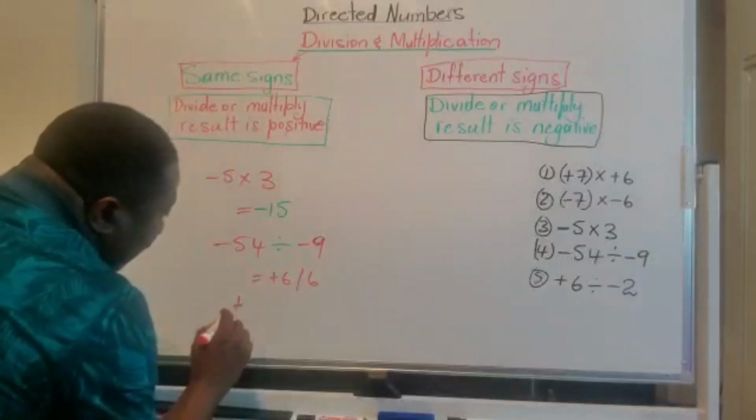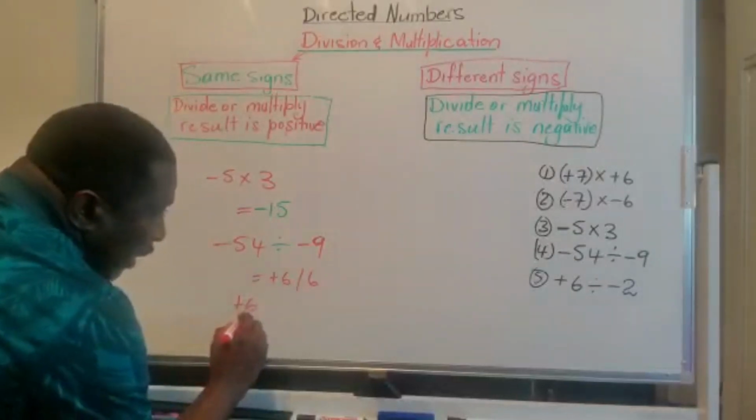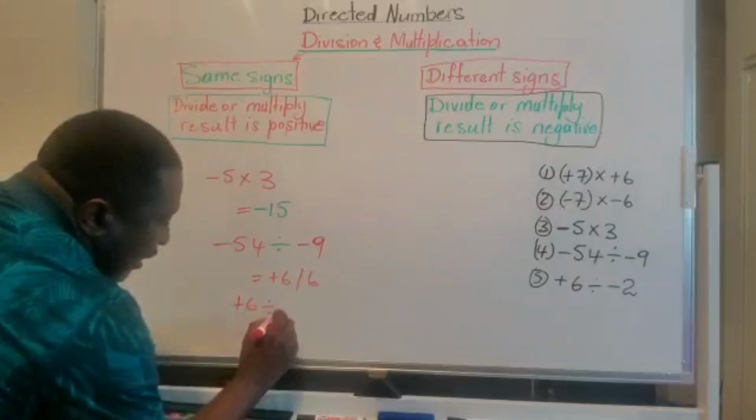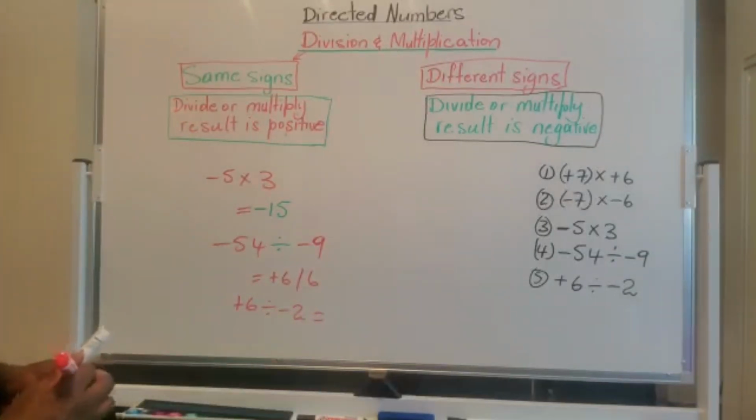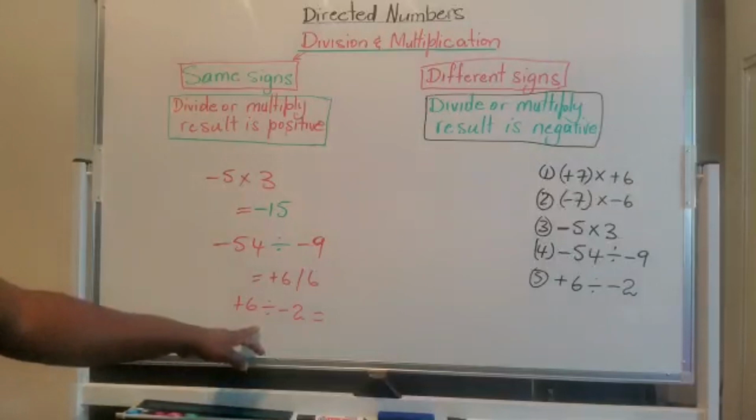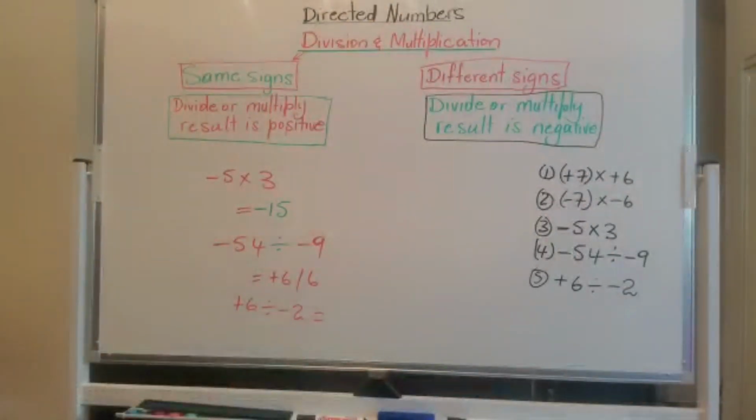Positive 6 is divided by negative 2. We are dividing two unlike signs. Therefore, our outcome will be a negative value. Two different signs.